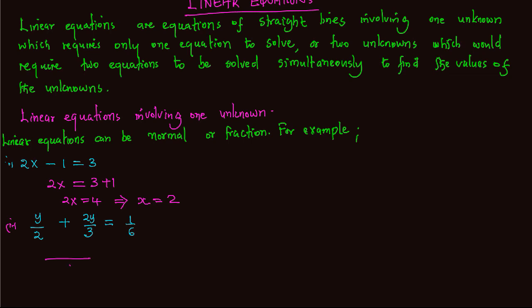So the LCM will be 6. 2 goes into 6 3 times. 3 times y is 3y. 6 divides 3 2 times. 2 times 2y is 4y. And this is equal to 1 over 6. We eliminate the denominators by multiplying both sides by 6, and we end up with 7y is equal to 1. And therefore, y is 1 over 7.